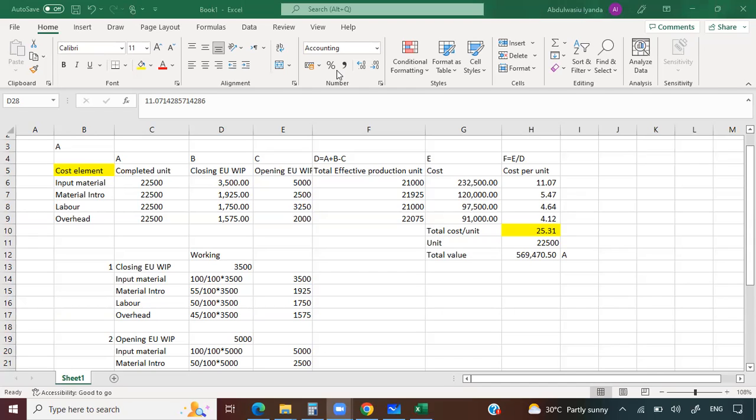What I was just trying to explain is that based on IAS 2, we have two methods of valuing our inventory. Either we use weighted average, or we use FIFO.